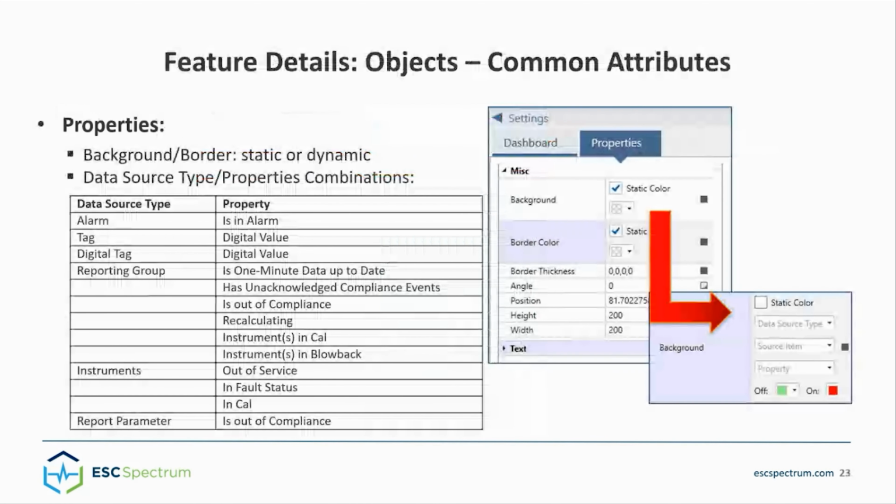So kind of getting into configurations. Starting at the top, we have background color and border color. Values can either be, when this checkbox is checked, a static value, which simply allows the selection of a single color, or if this is unchecked, it opens up the data source configuration.